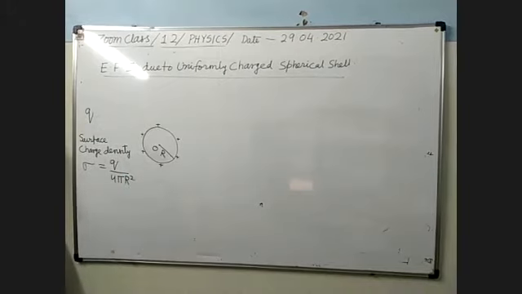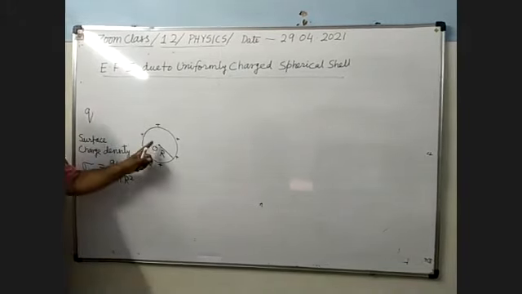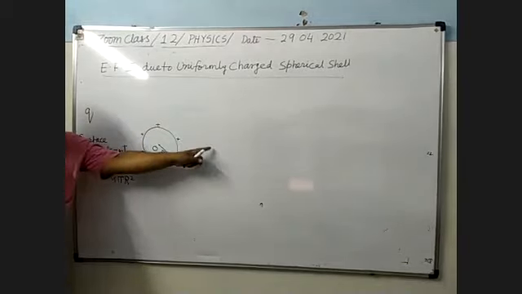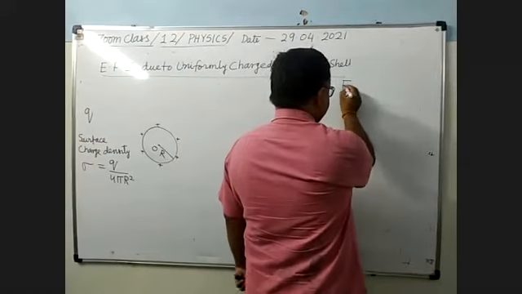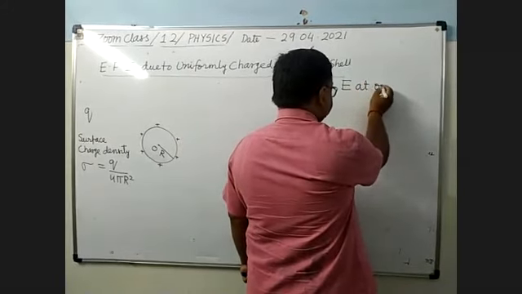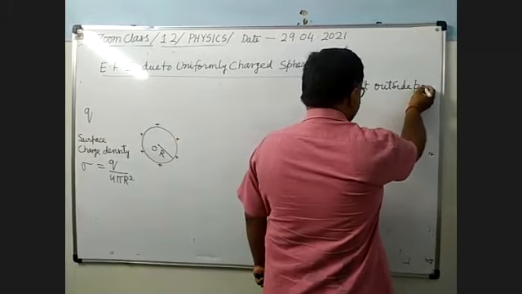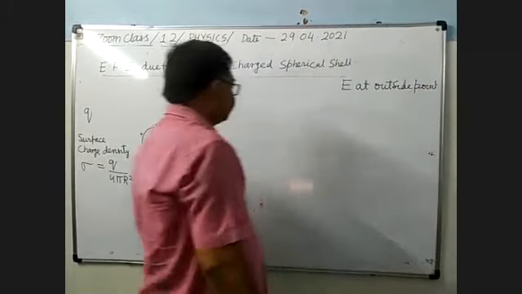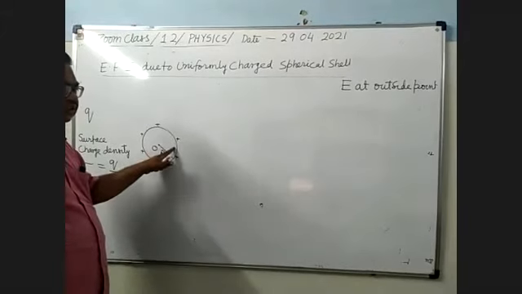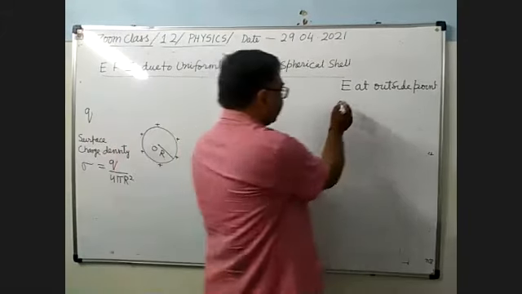Now we have to determine the electric intensity because of it. At any outside point, we will find electric intensity E at outside point. Then we will find out the electric intensity on its surface.